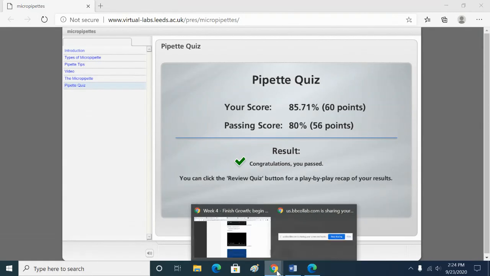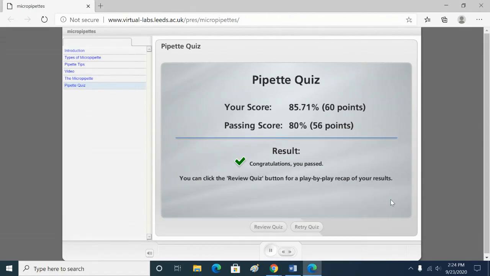Any questions on micropipettors? If you're going to go back and watch this again, this is a flash animation, so you have to enable Flash in your browser. Any questions on micropipettors?